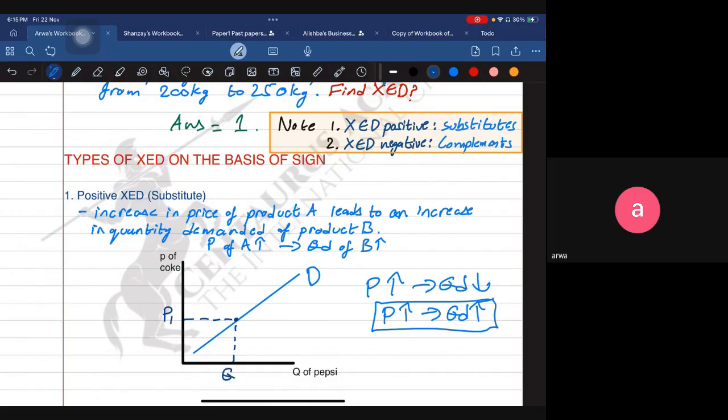Okay, good. So this is the quantity, and then we have, let's say the price has gone up and the quantity has also gone up, increased. So this is a right diagram. No problem with this.